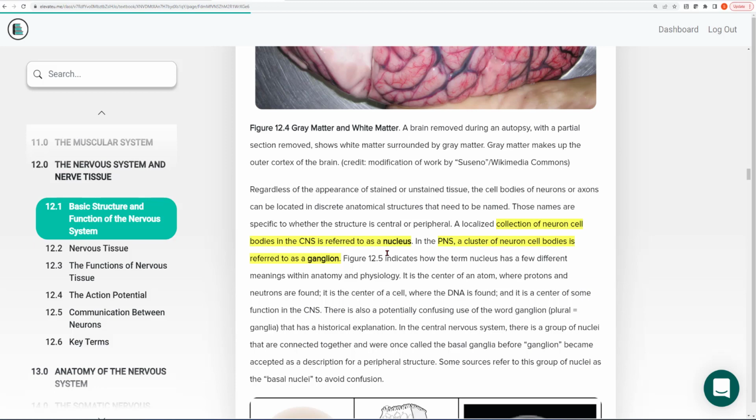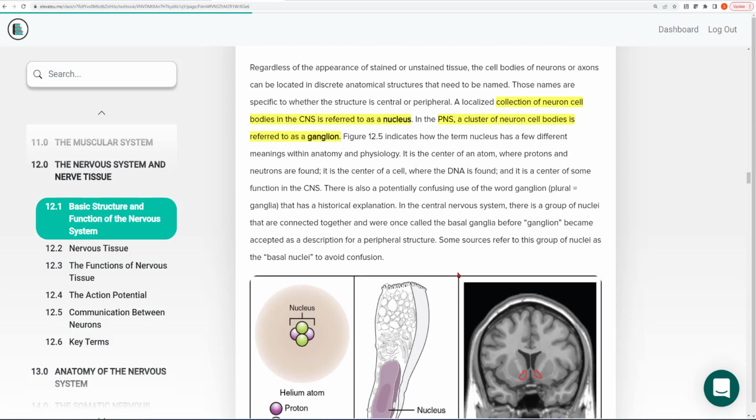If you've taken chemistry, you know that the nucleus is the center of the atom, and it's there that you find protons and neutrons. So this is a third and very different way of using that same word, nucleus. A nucleus in the brain is a group of cell bodies, found only in the CNS, which would be the brain or the spinal cord. So be watching for this terminology.